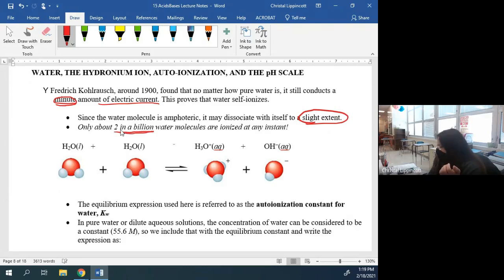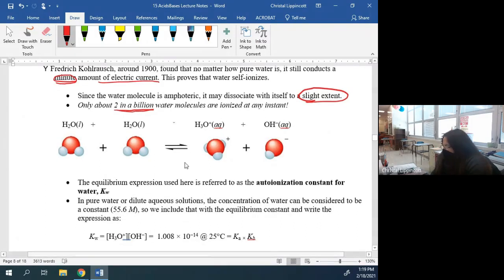So this is the process that it goes through. We look at pure water. We can have an equilibrium expression here. We call that the autoionization constant for water. We call that Kw. So we have now been in the land of Kc, Kp, Ka, Kb, and now I'm adding Kw. Lots of Ks, huh?